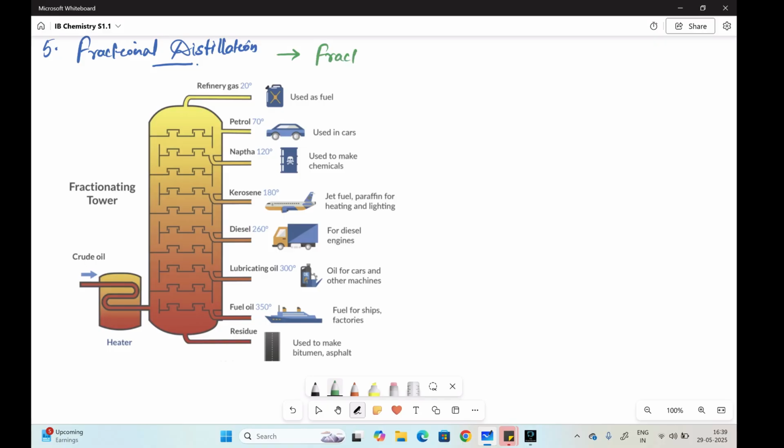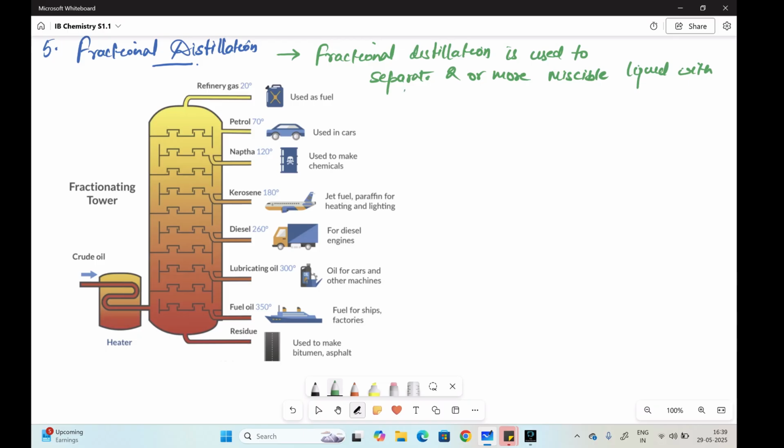So you can say that fractional distillation is used to separate two or more miscible liquids with similar boiling point, right?